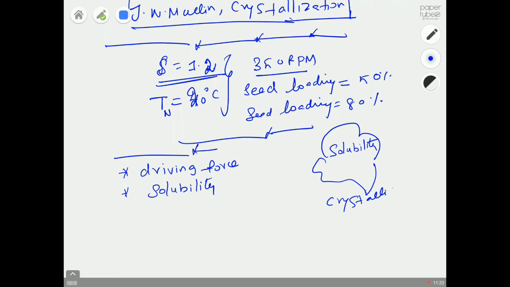You cannot talk about crystallization if you have no clue what solubility is. That's the first information you need before starting a crystallization experiment, before even understanding why crystals grow.